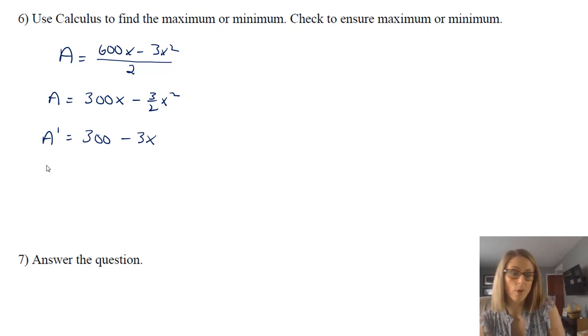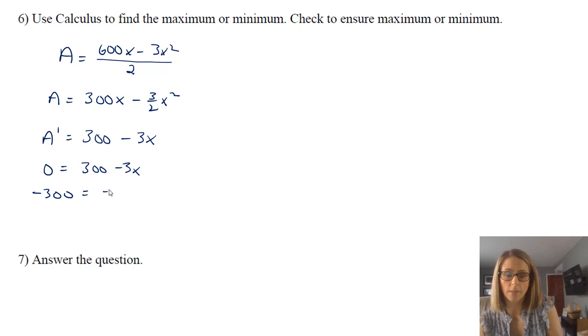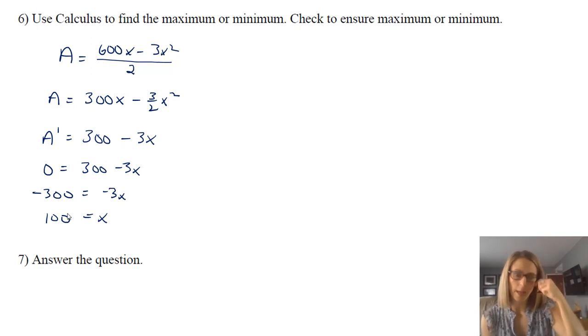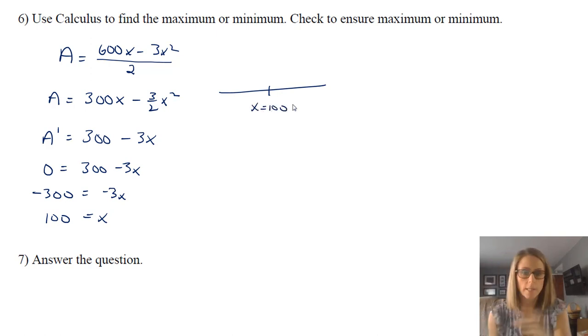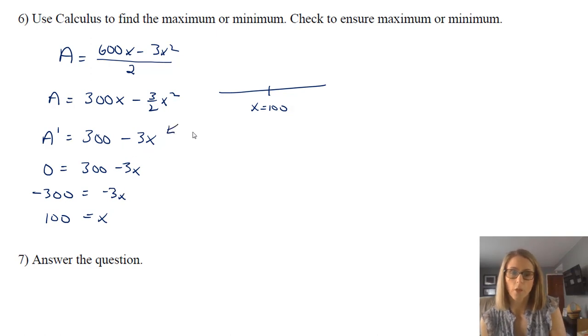And then we want to know when this is equal to 0, because this is going to tell us when we might have a maximum or a minimum on our x. Just doing some basic algebra here, we get that x equals 100. We can also consider using a sign chart here. If I test a value that's less than 100 in my derivative, say 50, my derivative is going to be positive.